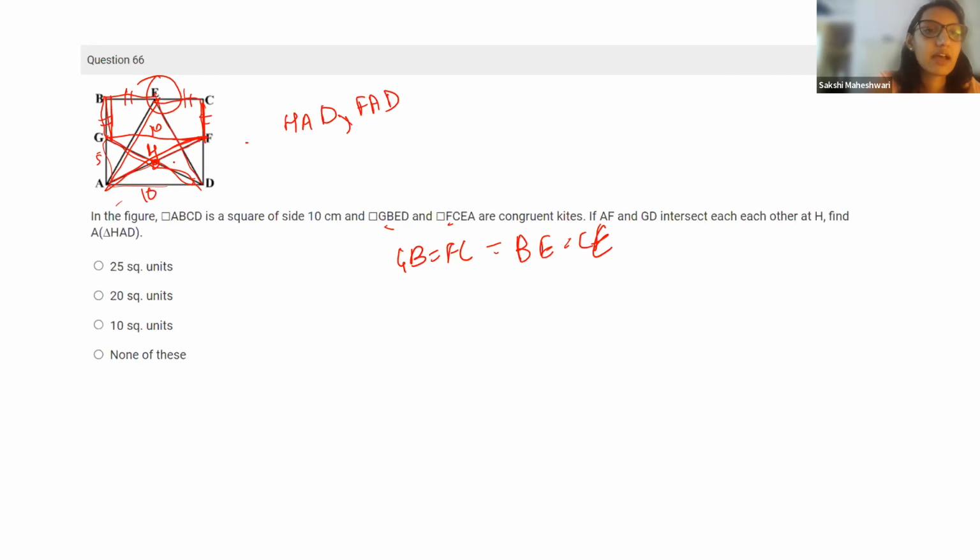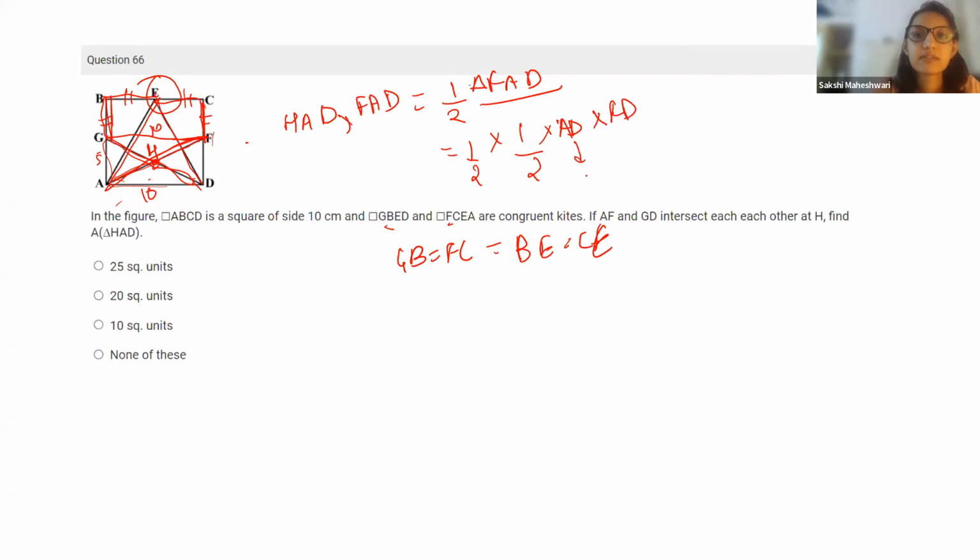So this will be equal to half of triangle FAD. And we easily know that this area is 1 by 2 into AD into FD. So this is 10, this is 5. So this gives me 25 by 2. So the answer will be none of these options, since it's 25 by 2, right?